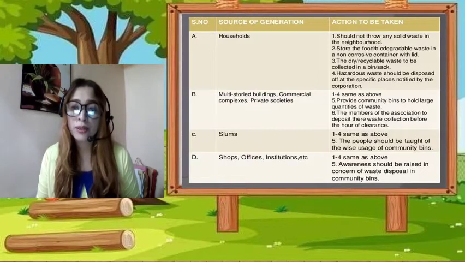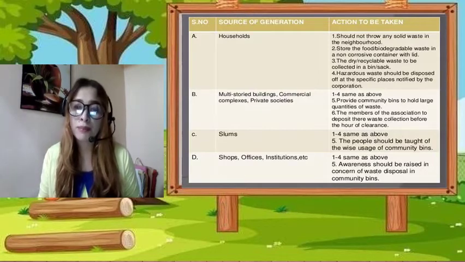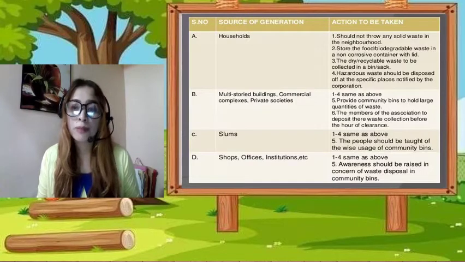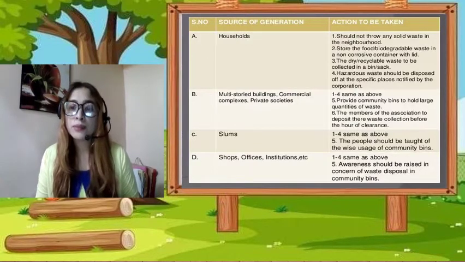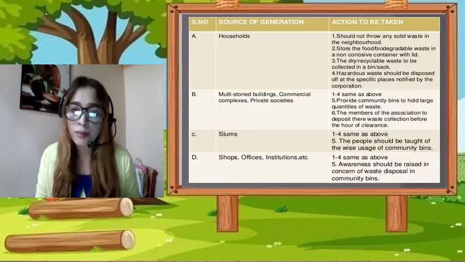For commercial buildings where people come and go, there must be some large bins for people to throw their garbage in any area of that commercial building or private society. And then the members of the association should deposit their waste collection before the hour of clearance. So let's all be reminded of that.